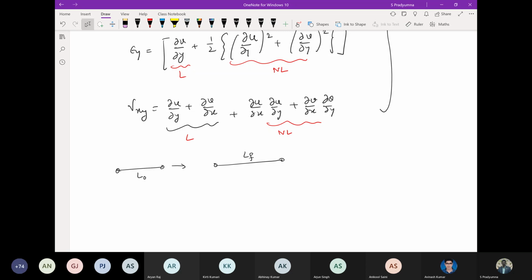Then what I should do is, let me write the strain, that is equal to LF square minus L0 square divided by 2 L0 square. LF is actually equal to the initial length plus some deformation, delta L0. That is the extension, right? Delta L0 is the extension.